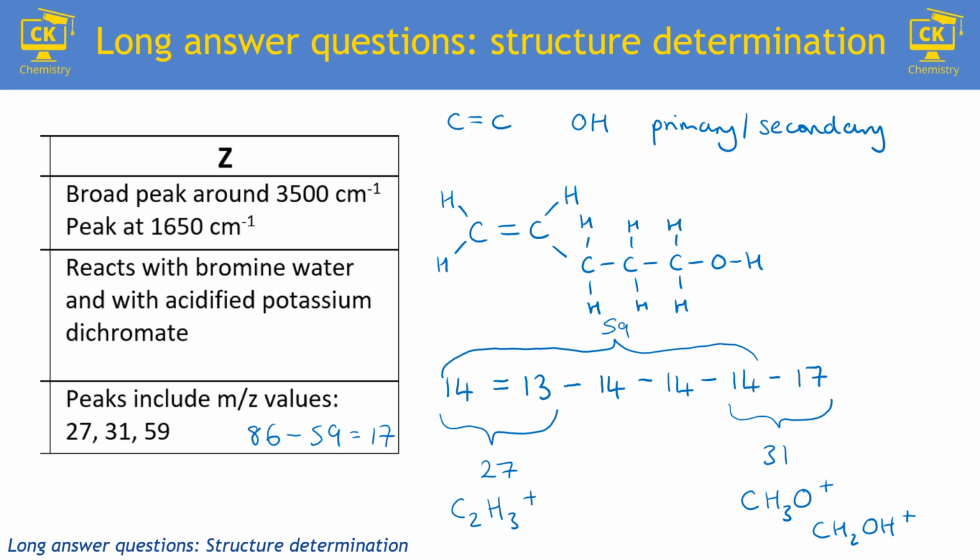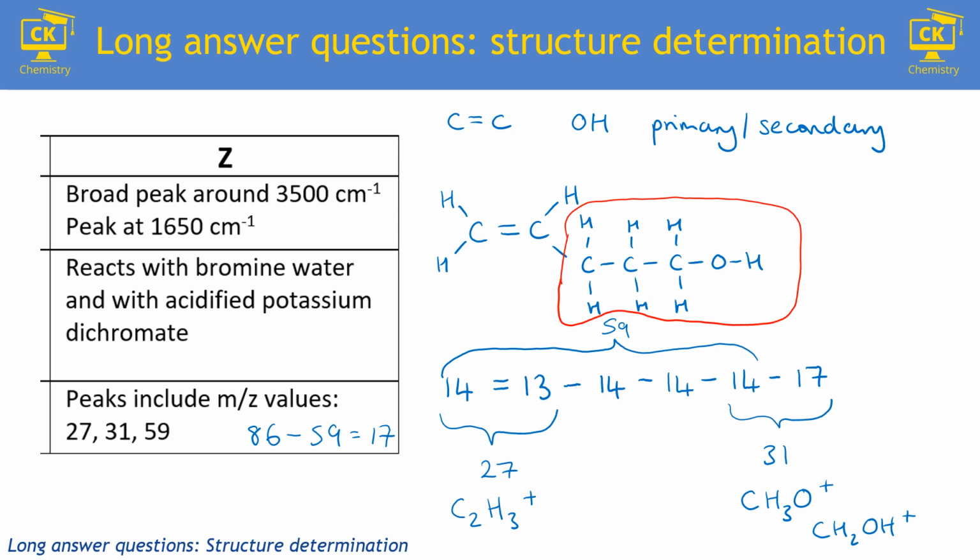The only thing we could really change is the structure of this section here. We could move the OH to the middle, but if we do that, we don't get our CH2OH peak. So actually this is the only possible isomer that will give us those m/z values in the mass spec.